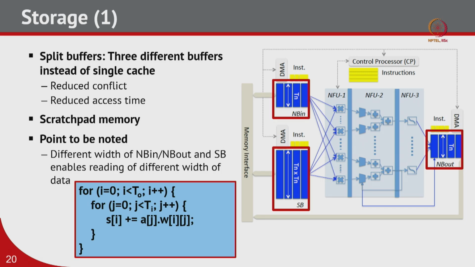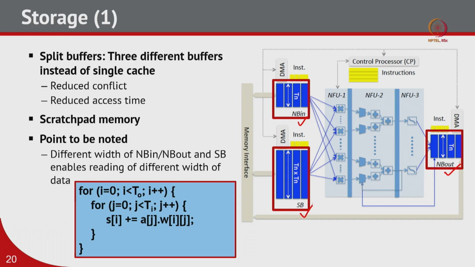Now, in this particular accelerator architecture, they have split buffers. By that we mean there are 3 different buffers instead of a single cache: one to store the input, one to store the weights and one to store the output. If we have 3 different buffers for 3 different parameters, it results in reduced conflict.